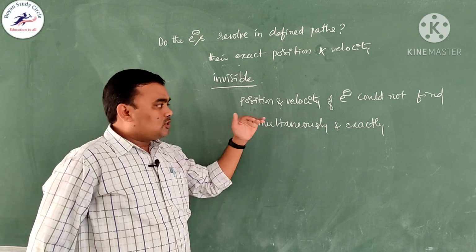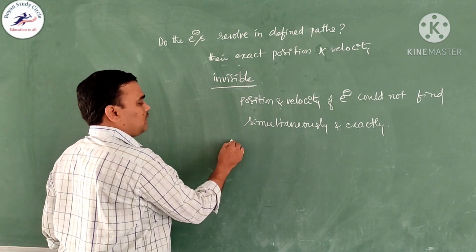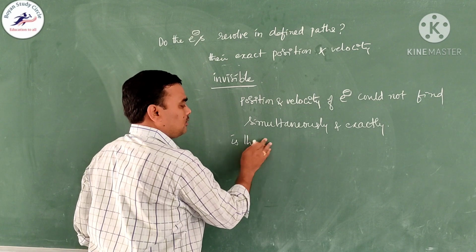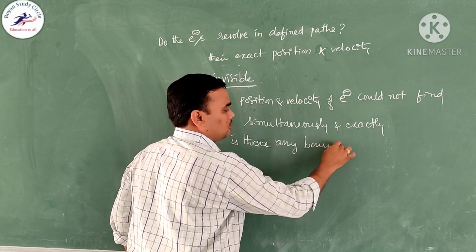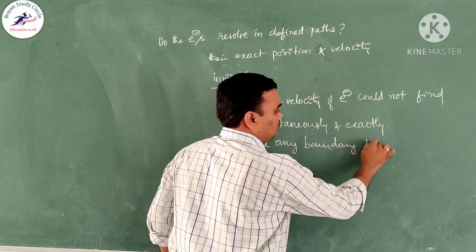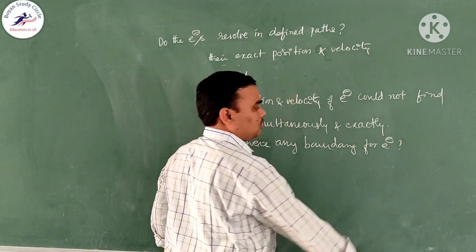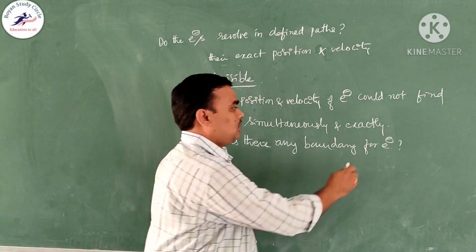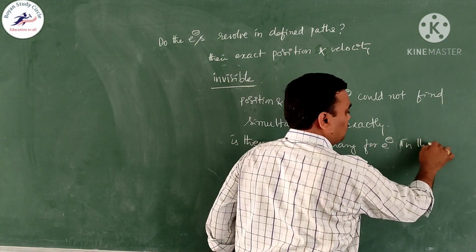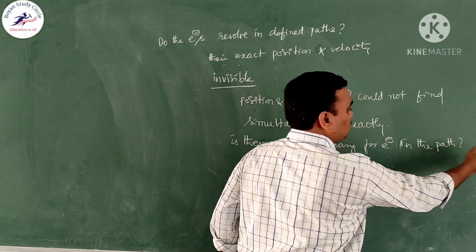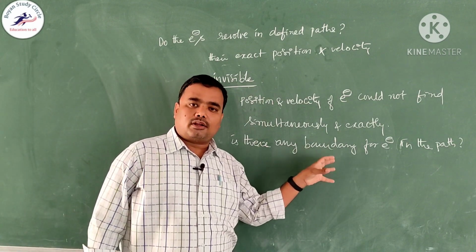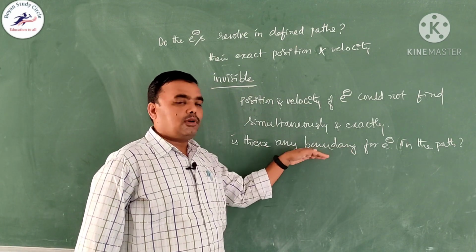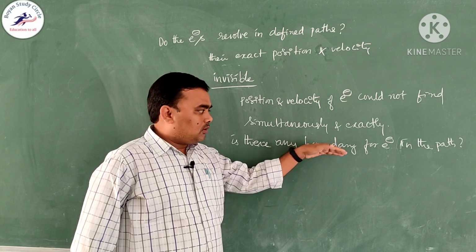Right. So, in the same way, is there any boundary for the electron in the path? When the electron is revolving in the circular orbits, is there any fixed boundary?